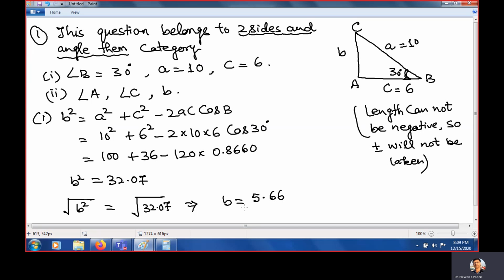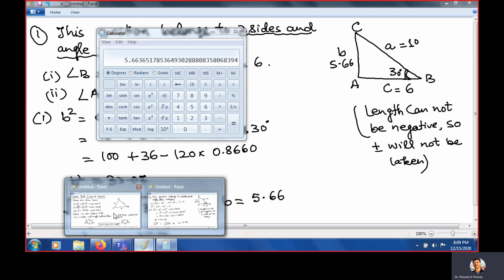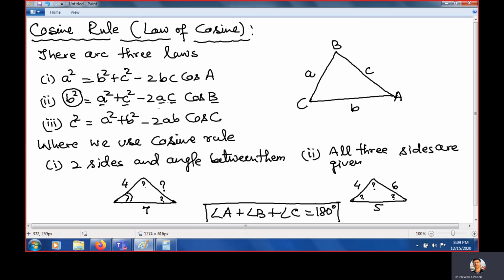Okay, so now B is known. B value is clear, this value of B is 5.66. Now three sides are known, so it is very simple. Now you can choose any of the equations. Why? Because all three sides are known. So if you want to find cosine A, use the first equation.